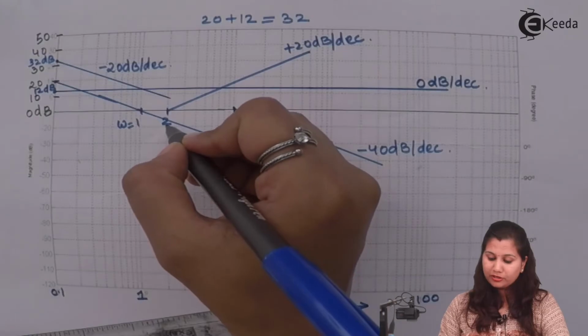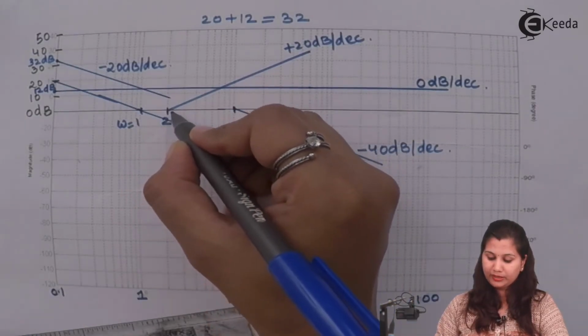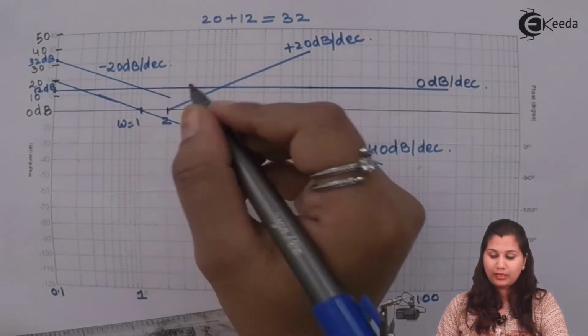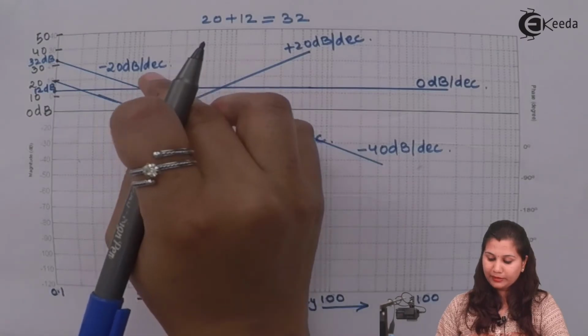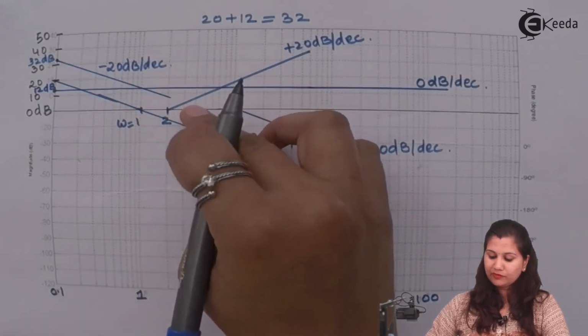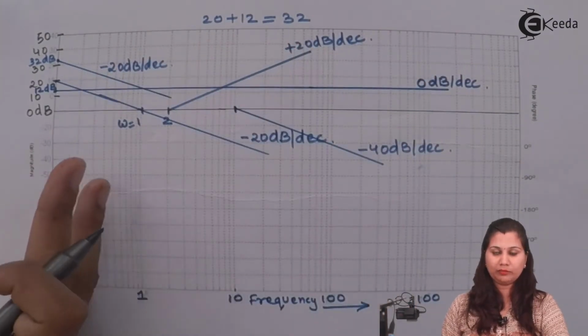Now, after omega equals 2, we have this point. So we will have to add the slope, that is, minus 20 was up till omega equals 2. After this we will have plus 20, so minus 20 plus 20 will be 0 dB.